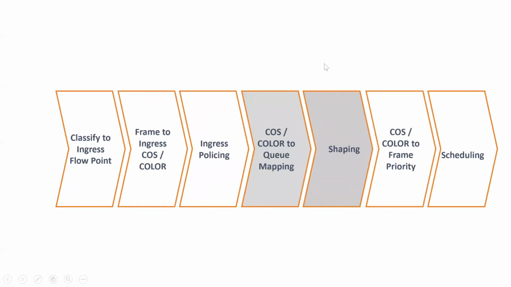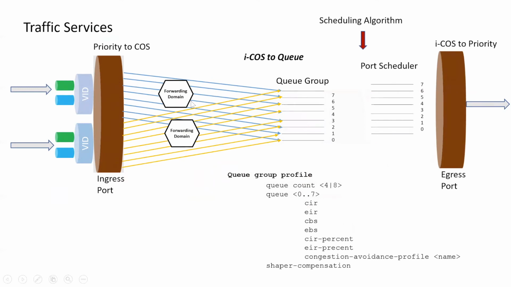All right, so now the packets have come in. They've been tagged based on their QoS information, class of service information. They've been policed, they've gone through a forwarding domain, and now they're going to an egress port. Now, an egress flow will have a queue group associated with it.